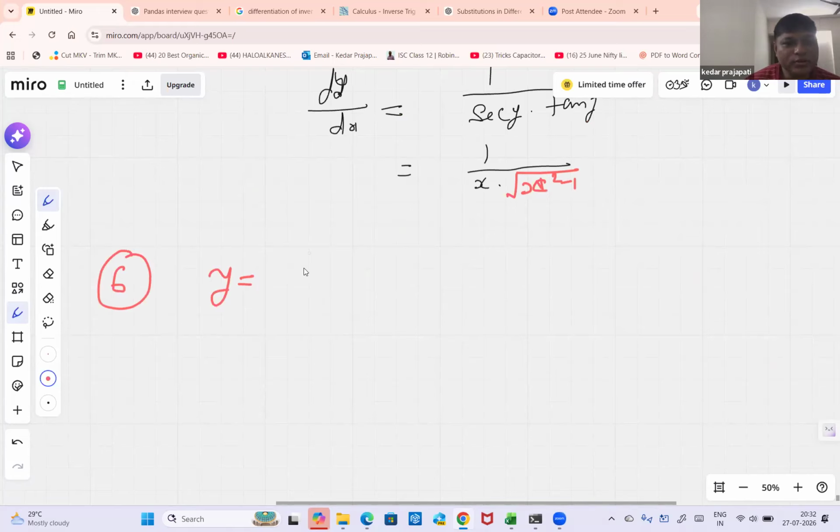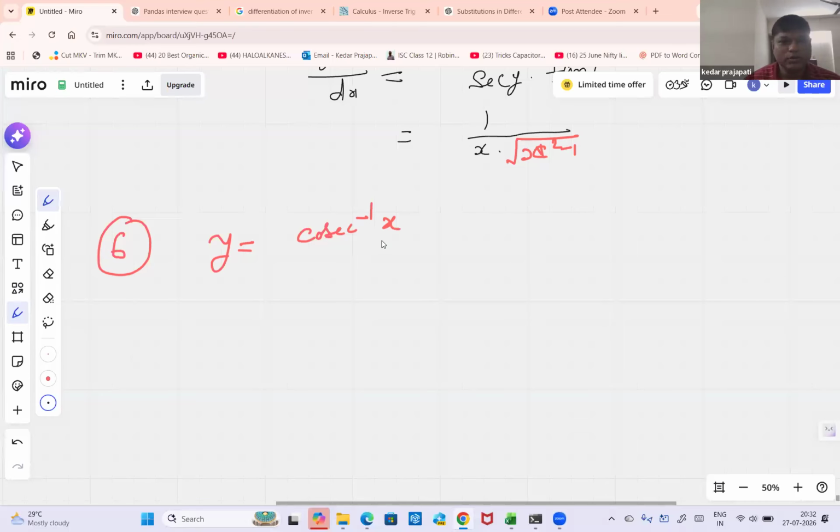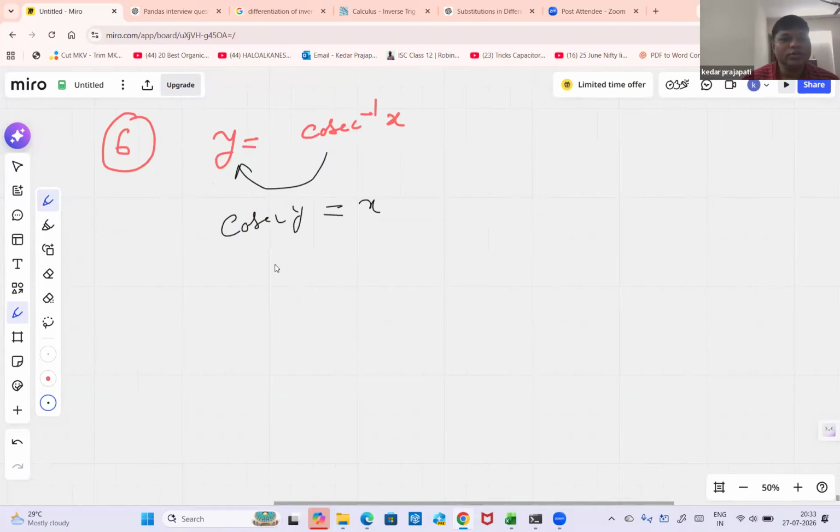What is remaining? Cosecant, right? So now bring cosecant to this side, so this will become cosecant y is equal to x. Now differentiating with respect to x. You should keep these things in your brain.